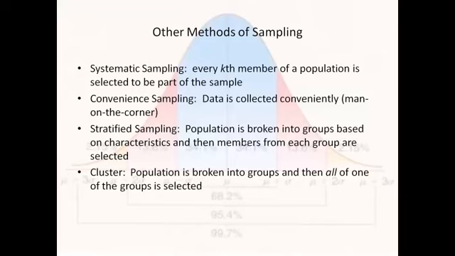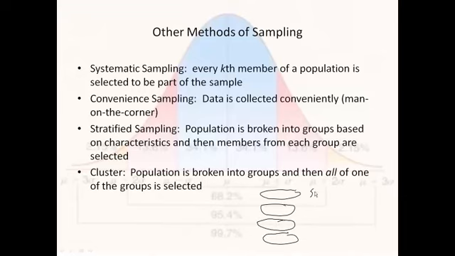There's stratified sampling. Now, stratified sampling is kind of cool. This is where you take the population and you break it up into groups based on characteristics, and then we select from those. I'm going to grab my ballpoint pen. Now, think about it this way. If I take all of the classes, and let's say that there are 4 classes going on at any time.